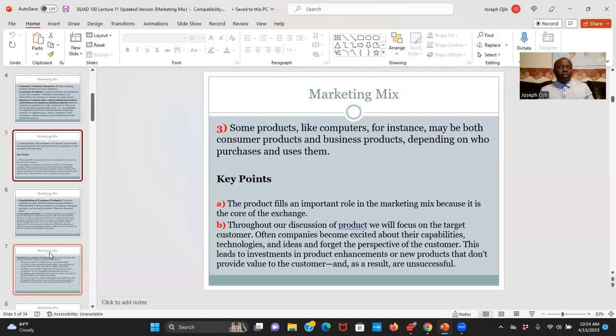So this leads to problems in some companies, because they focus on the target customer and not really on improving their capabilities or their products. What they want is to sell, sell, sell. But you can sell a product and then kill the product in the process of selling it. If you are good at promotion and the product you are promoting is a bad product, that promotion will actually kill the product.